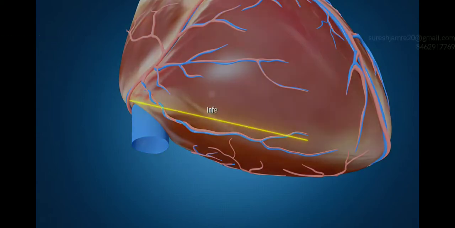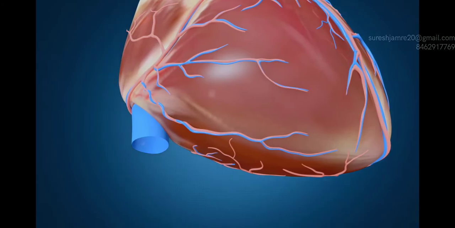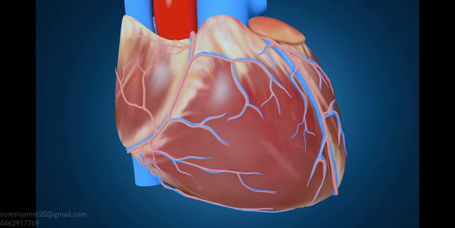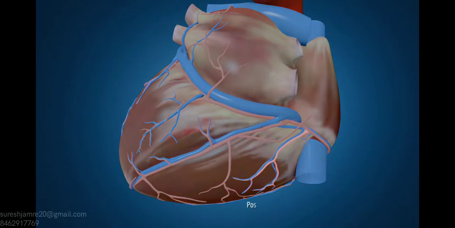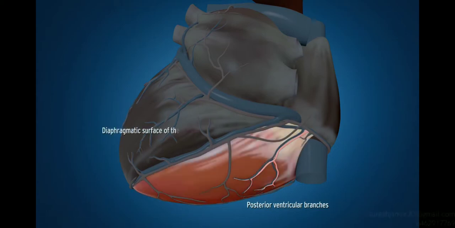It runs along the inferior border of the heart towards the apex and supplies the adjoining surfaces of the right ventricle. 2 posterior ventricular branches arise from the right coronary artery and supply the diaphragmatic surface of the right ventricle.